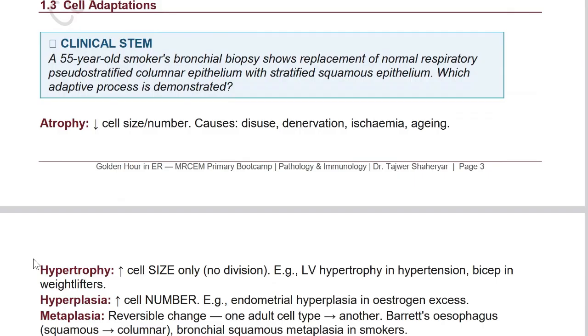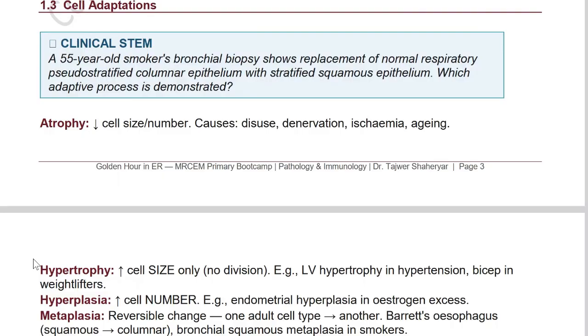Clinical stem, 55-year-old smoker, bronchial biopsy showing replacement of normal respiratory pseudostratified columnar epithelium with stratified squamous epithelium. Which adaptive process is demonstrated? Atrophy, so that is decrease in cell size and number, which the cause would be disuse, denervation, ischemia, and aging.